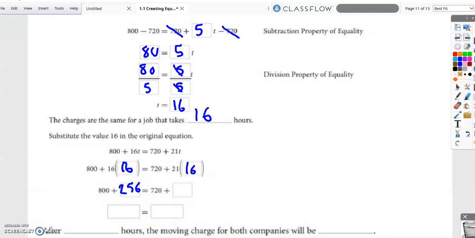Okay, so I have 336. 720 plus 336 is 1,056.